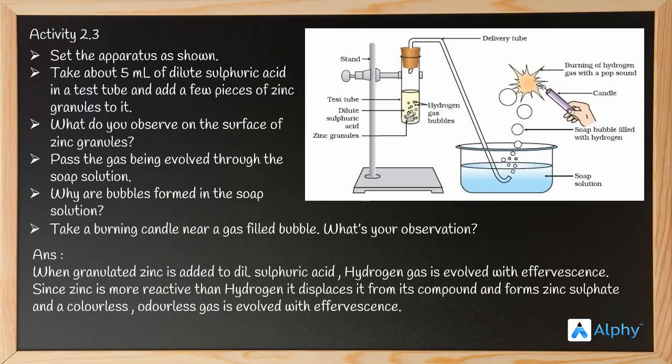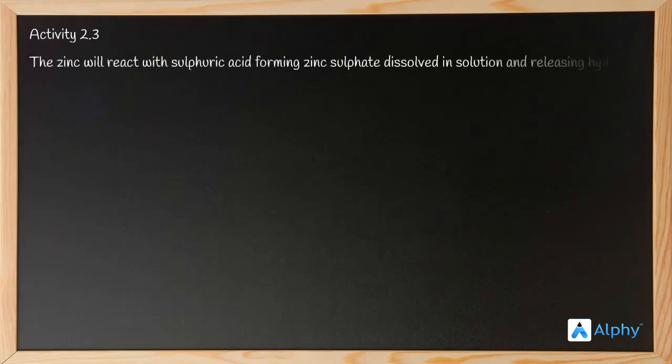Another observation is that a colorless, odorless gas is evolved with effervescence. So along with effervescence, this colorless and odorless gas is being evolved. This gas is nothing but hydrogen. Now what will happen when this gas moves through the soap solution? Let's see. The zinc will react with sulfuric acid, forming zinc sulfate dissolved in the solution and releasing hydrogen gas.